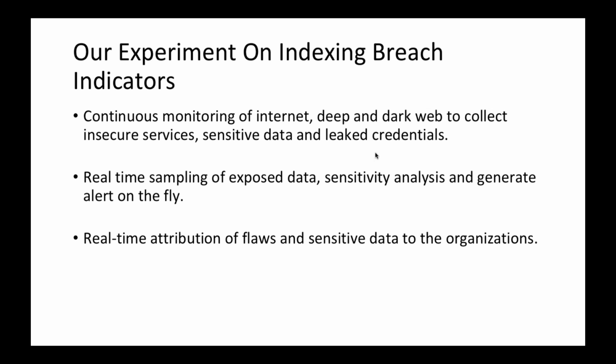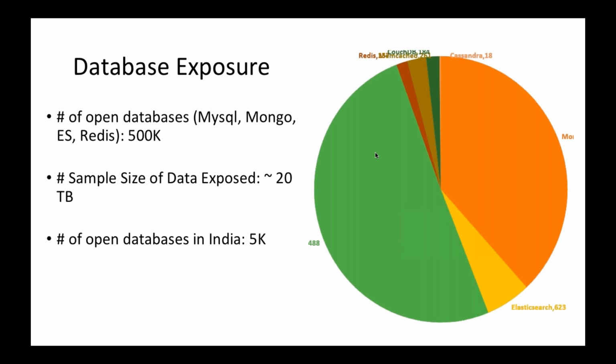It's a good idea to create an encouraging atmosphere, an encouraging platform, which makes such researchers come and share these details with you in confidence, so that you can fix them before the bad guys get access to them. So quickly, here is the interesting data we found from our last one year experiment.